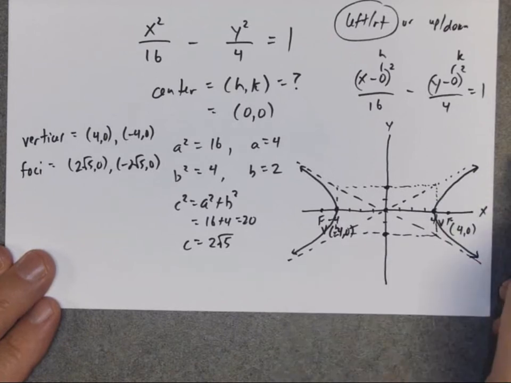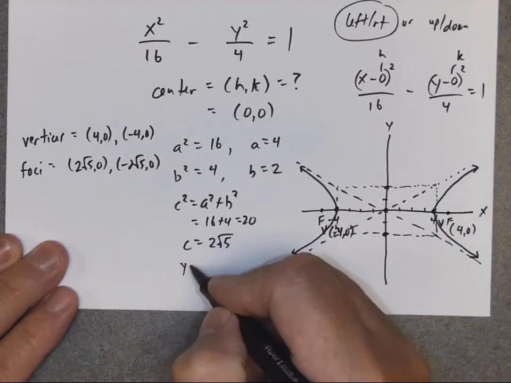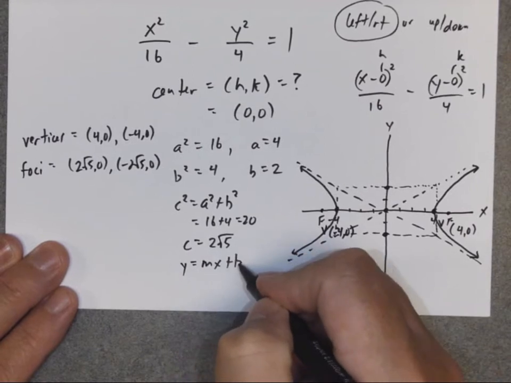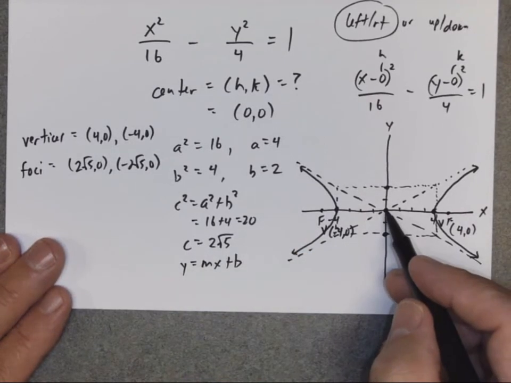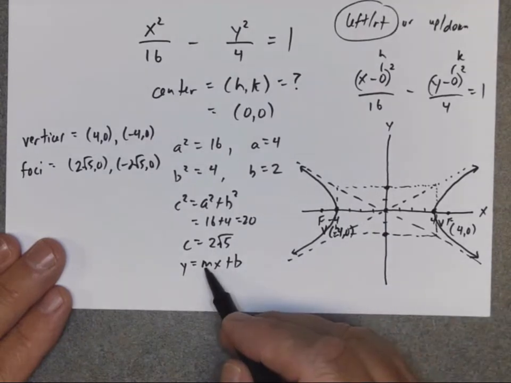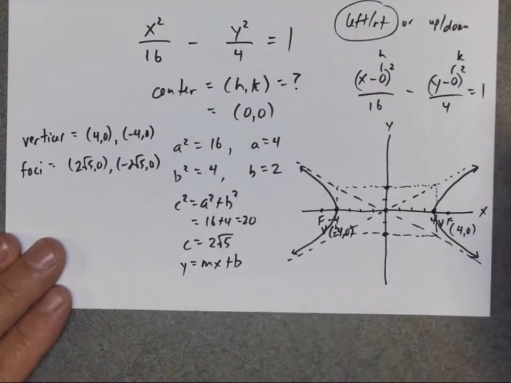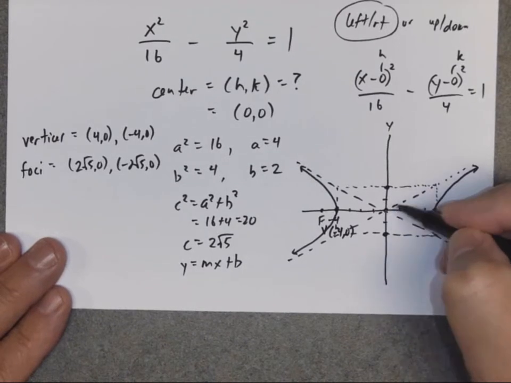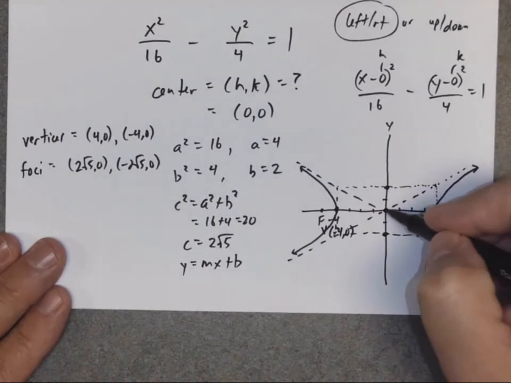Of course, these are straight lines, so we have slope-intercept equation. Of course, the y-intercept is 0, which is nice, so b is 0. So we just have to find the slope, and you know what? If I go from here to here, the slope is rise over run. Rise is how far up you go.